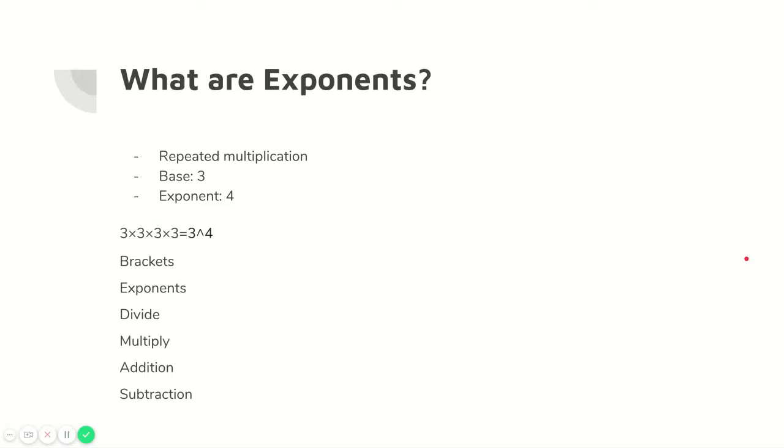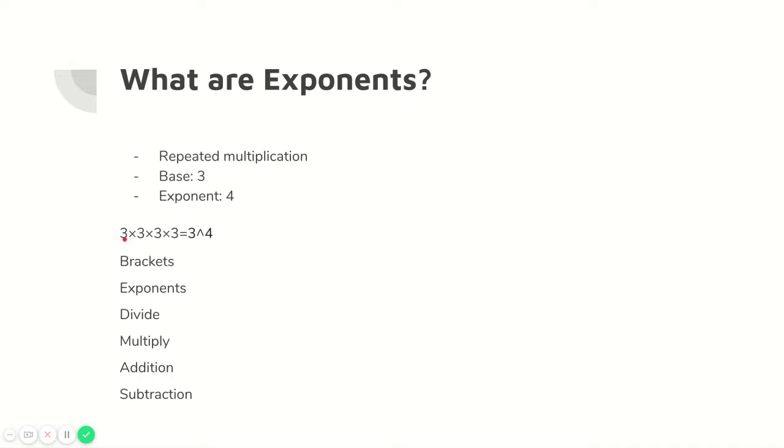So what are exponents? Well, these are essentially just repeated multiplication. It's a lot easier to understand what exponents are with an example. So you're going to have a base of 3 and an exponent of 4.